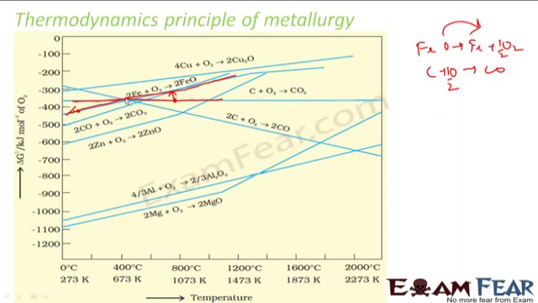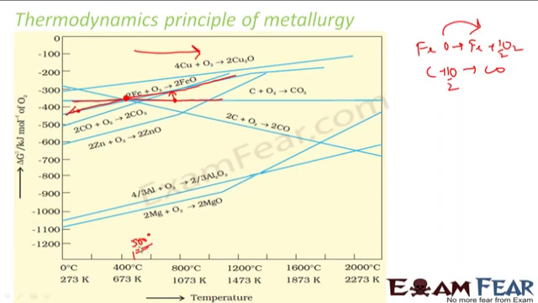So that means that from this intersection, any point towards the right, at that temperature, carbon will reduce my iron oxide, and this temperature, if you see, is almost 500 degrees Celsius, right?